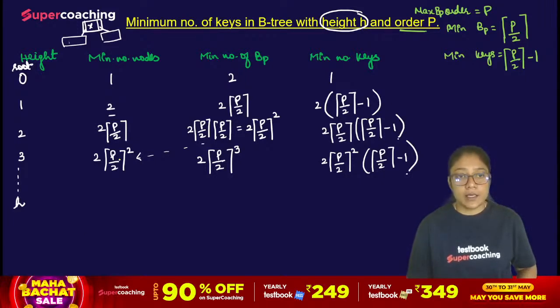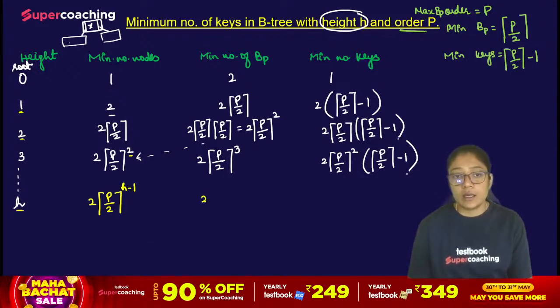If here you have height 3, then it's raised to power 2. If it's height 1 or 2, then it's raised to power 1. If it's 1, then p by 2 is raised to power 0. So this means that if it's height h, we will get 2 times (p by 2) raised to h minus 1. Here it comes out to be 2 times (p by 2) raised to h. If height is 1, then it's raised to power 1.